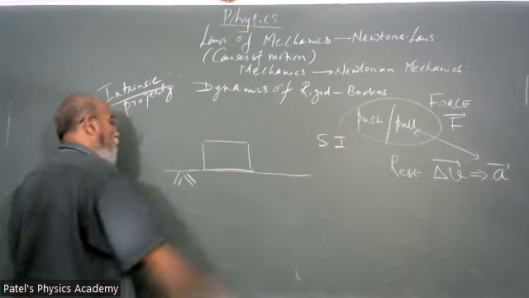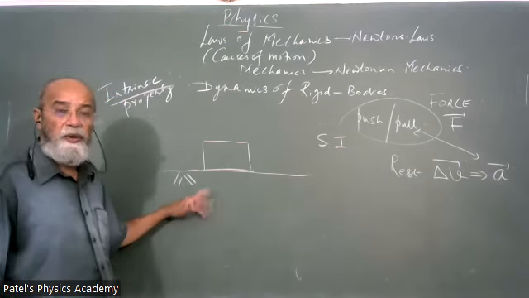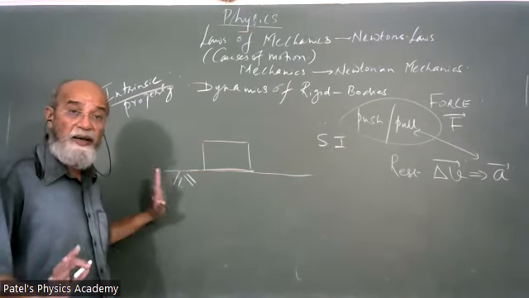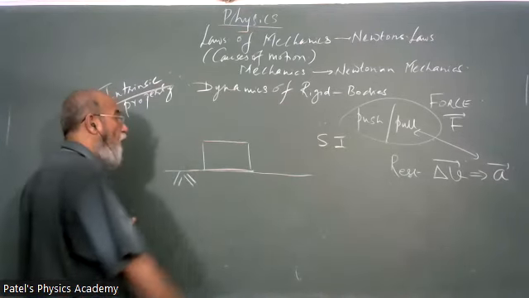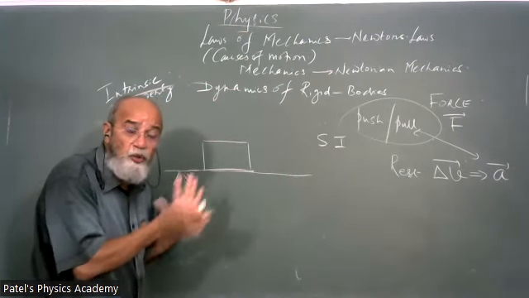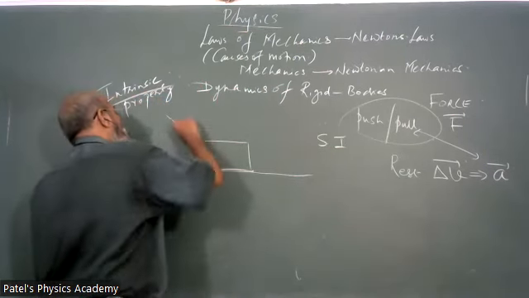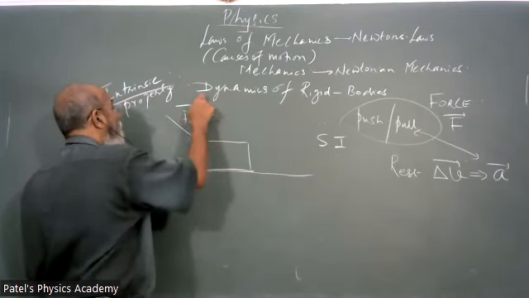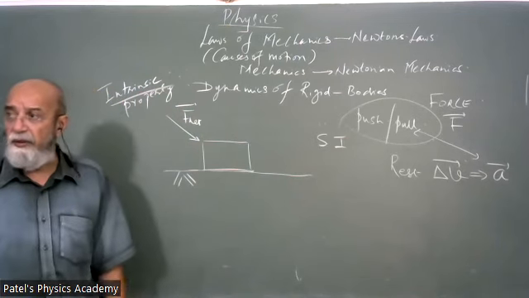This is the symbol for the ground. So I'm taking an object, resting it on the ground, and I added up all the forces which were there, which I'm not showing. And I got the net resultant force in this direction.